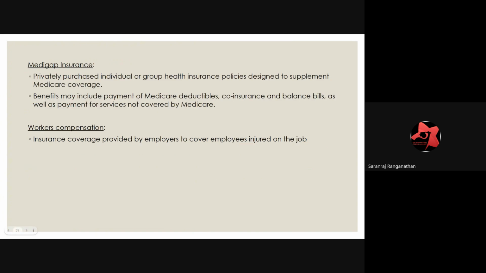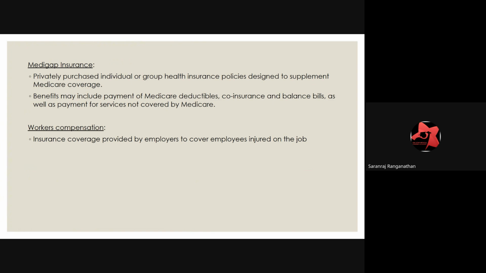Then next one, Medigap insurance. What is Medigap insurance? Privately purchased individual or group healthcare insurance policies designed to supplement Medicare coverage. So like in India, where they are giving these Medicare services and all, we are taking our own by private insurance company, right?